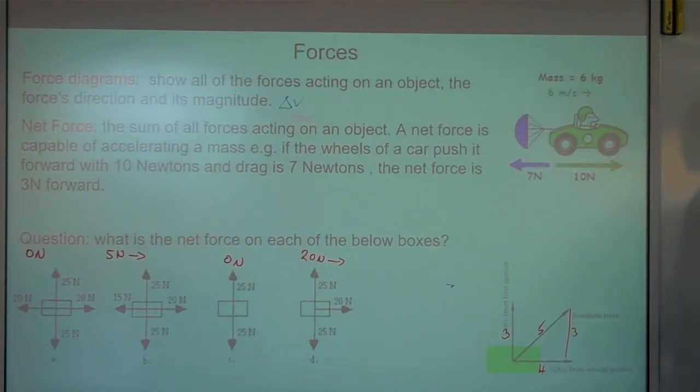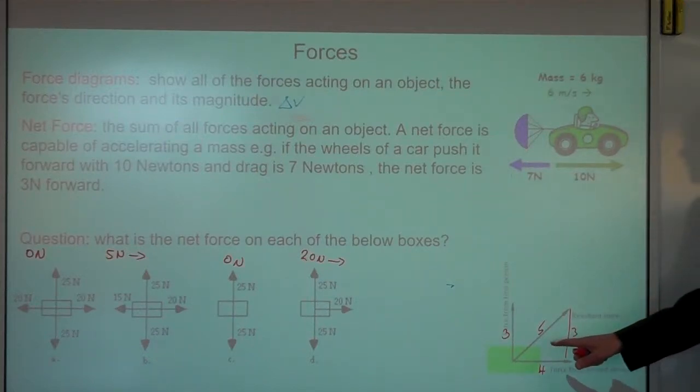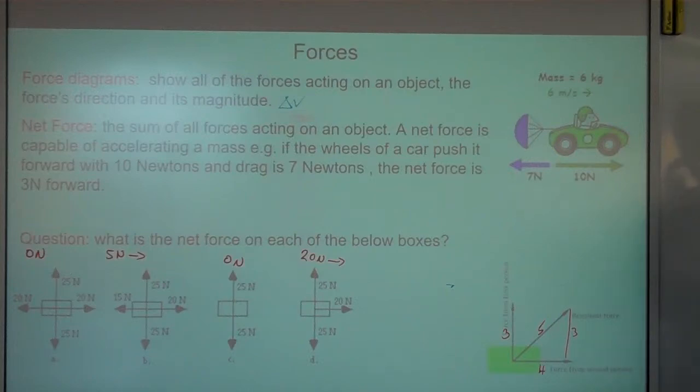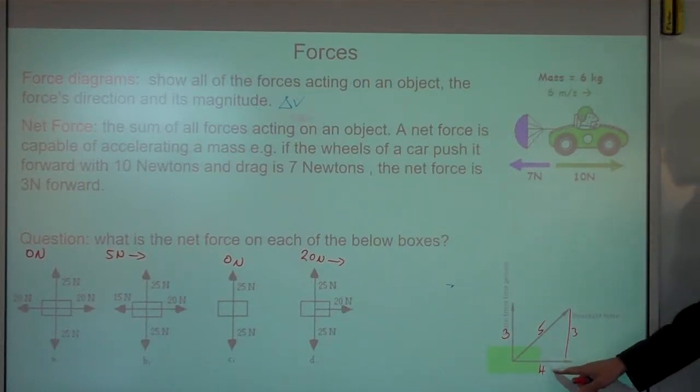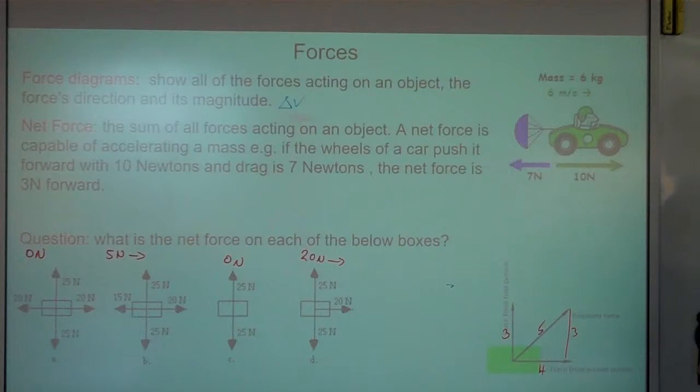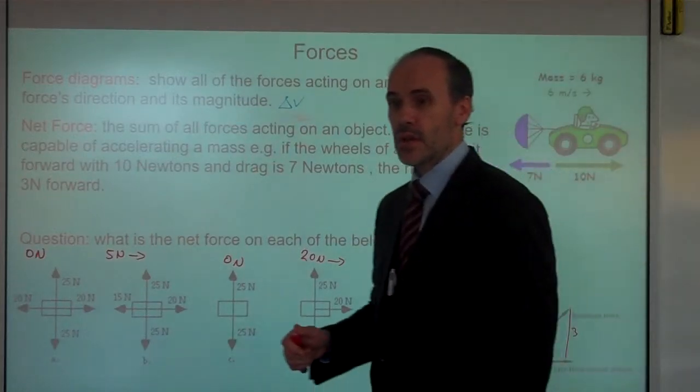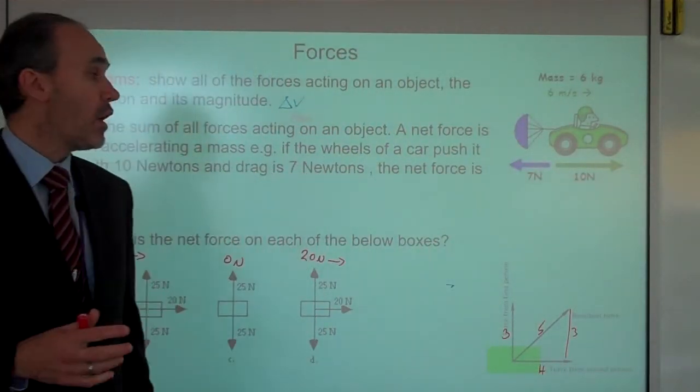I've only ever seen that question happen once in 6 years, where there were 2 unbalanced forces, so the object moved on an angle, and you solve that using Pythagoras theorem. Okay, so a squared plus b squared is equal to c squared. 3 squared plus 4 squared is 5 squared, and the square root of 25 is 5.